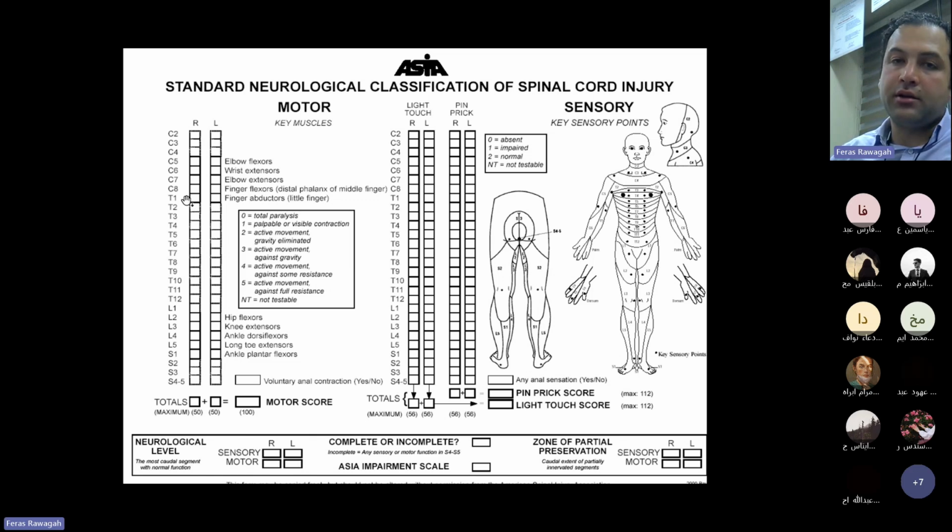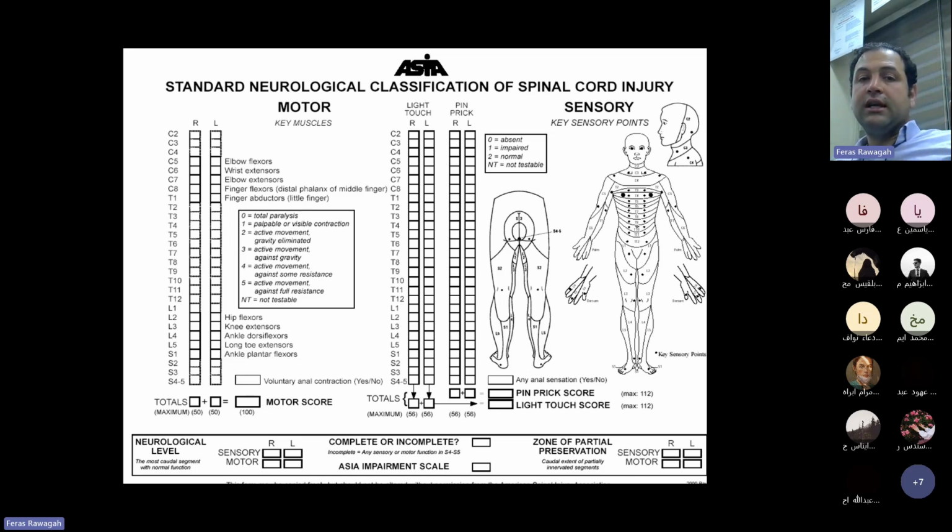The power is classified according to a grade from 0 to 5. 0 means there is no movement at all. 1 means that there is minimal flickering movement, with no full range of movement. 2 means the patient can move full range, but with elimination of gravity, just moving side to side. 3 means the patient can move against gravity, but not against resistance. 4 means the patient can move against resistance, but not full power. And 5 is the full power.